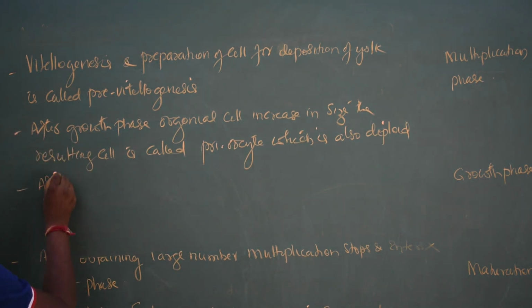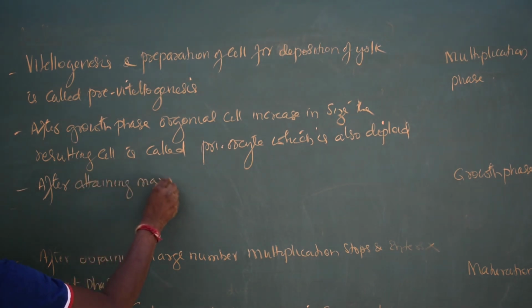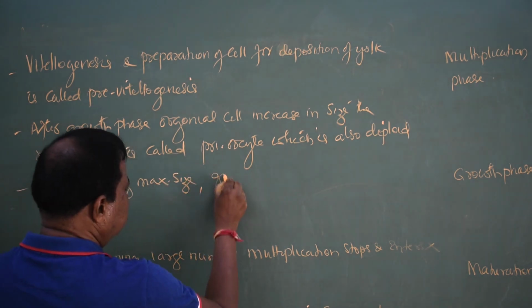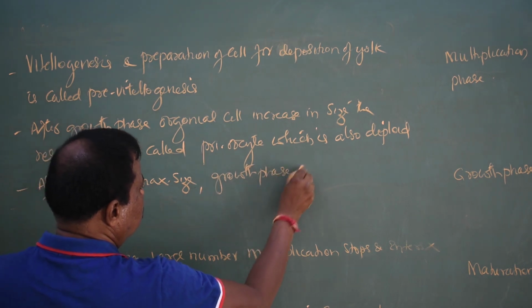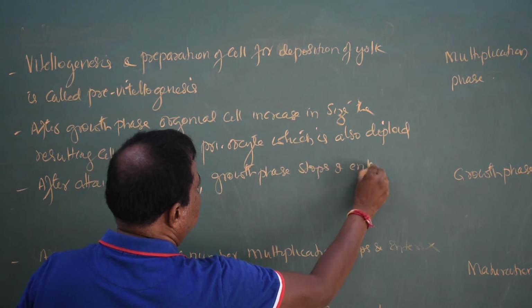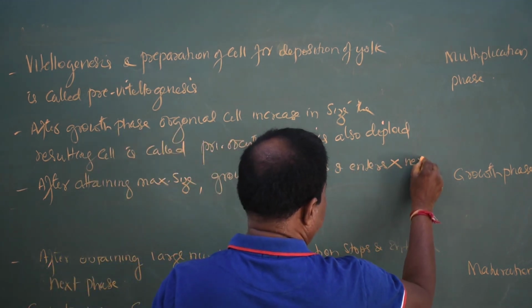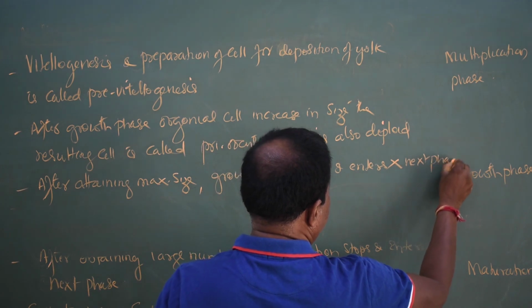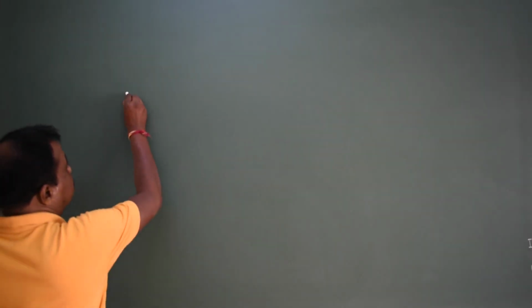After attaining maximum size, growth phase stops and it enters into the next phase, that is called maturation phase.